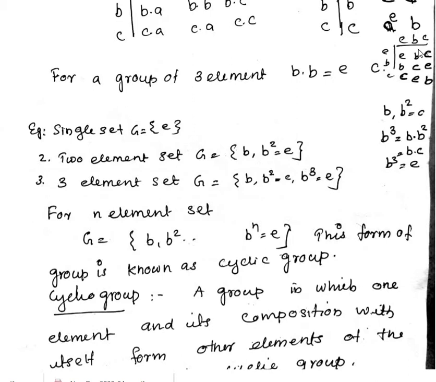So this should never be B. It may be E or C, but if we write C here, the C is repeating in this column. So the only condition for this element is it must be C.